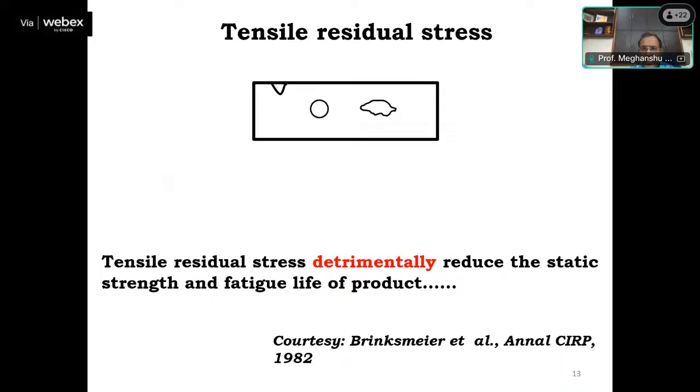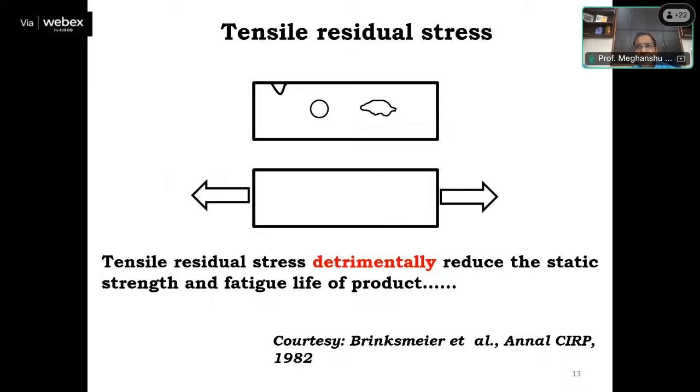Now, if the component after grinding is having all these defects like crack, void, porosity, as well as tensile residual stress, then the nature of tensile residual stress is like this. It is trying to elongate the workpiece in this fashion. So if this is the direction of stress, it is elongating each and everything inside the workpiece material.